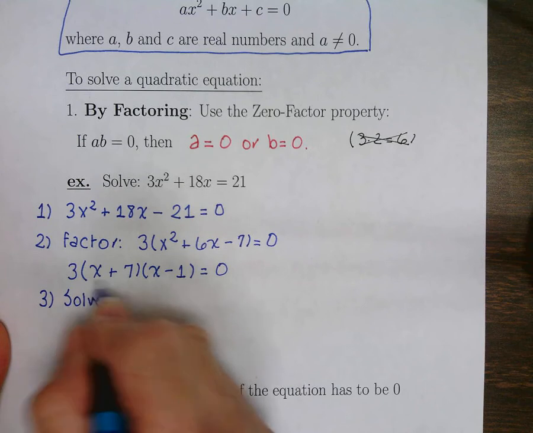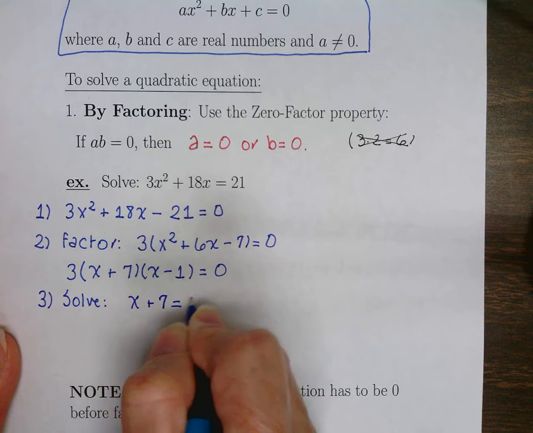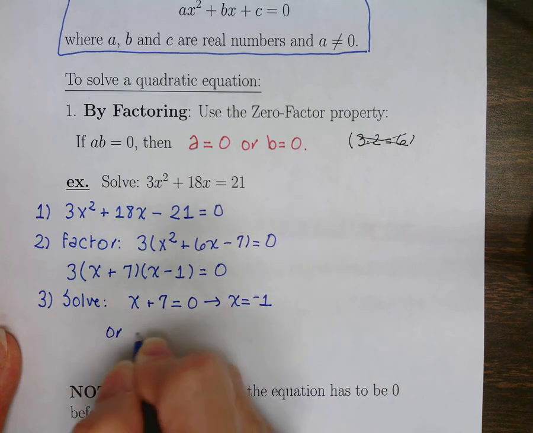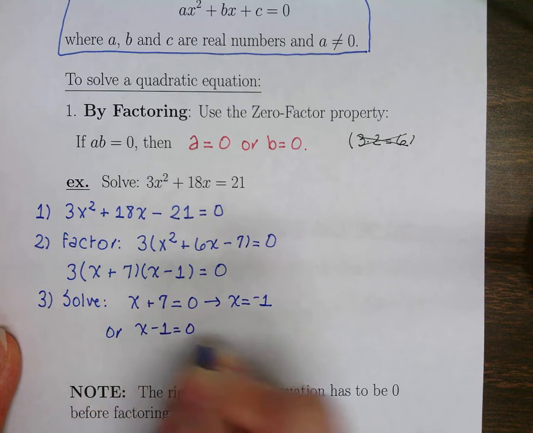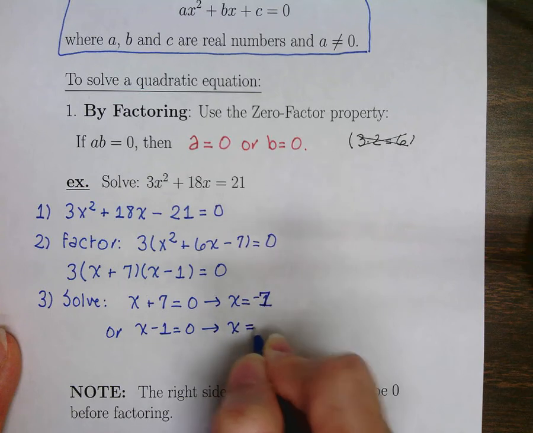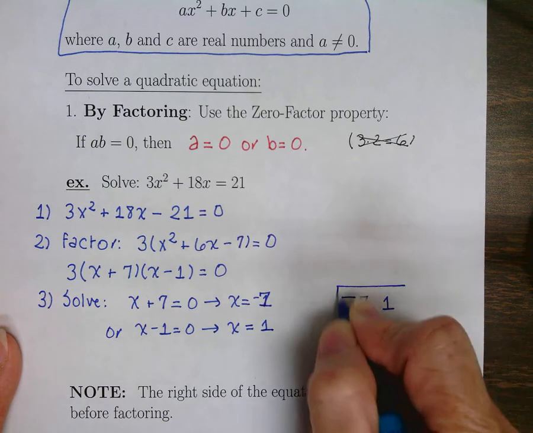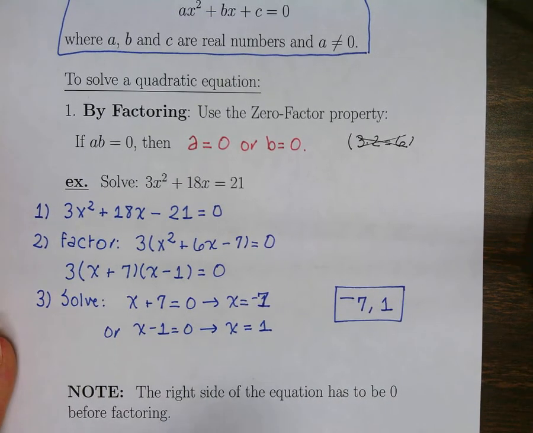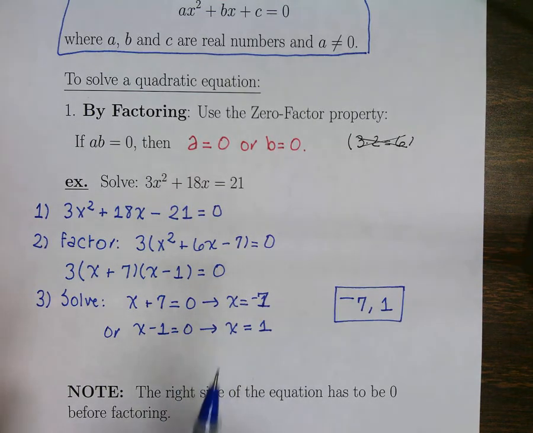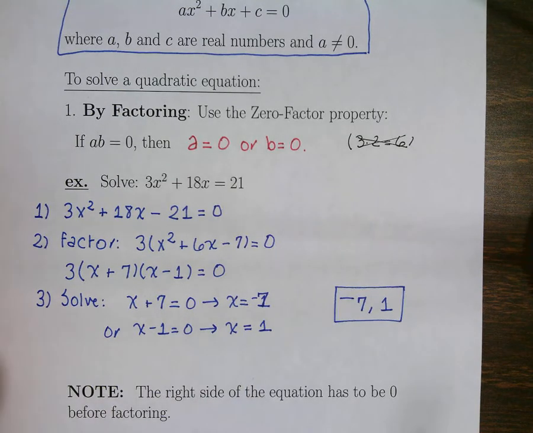So this equation will have a solution if either x plus 7 equals 0 or x minus 1 equals 0. I'm sorry, this is negative 7 here, and this is 1. So the solution is negative 7 and 1. Okay? And you can check those. I'm not going to take the time. But in quadratic equations, when we're just factoring like this, we don't usually have an issue of extraneous solutions.